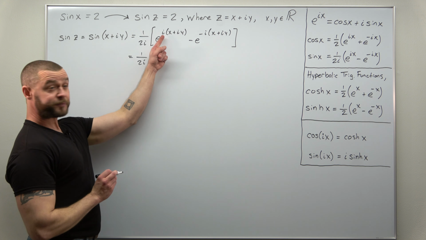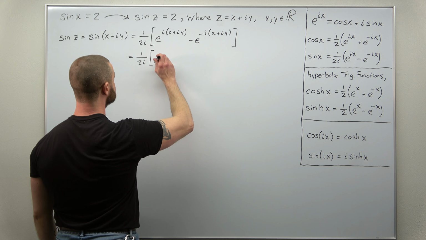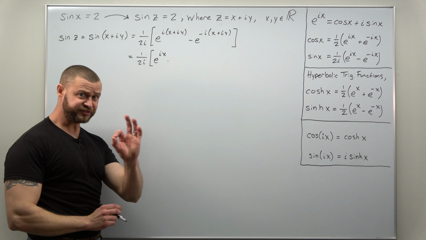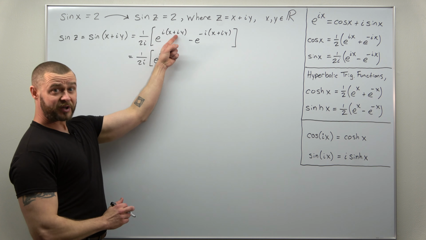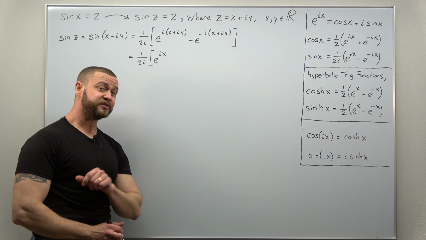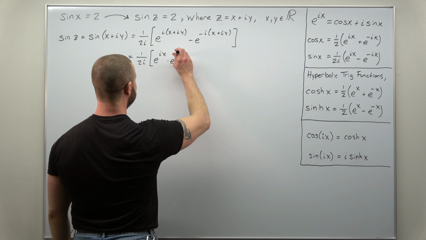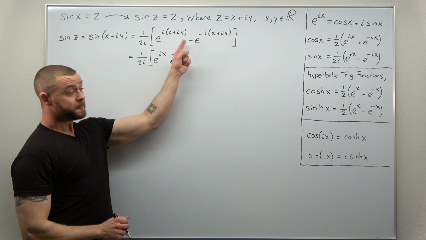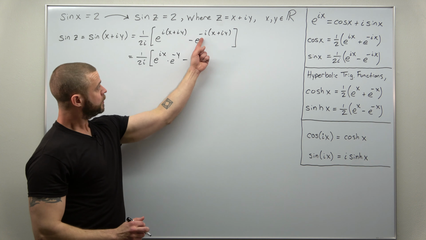All right, if I distribute in the first exponential, I'll get e to the ix. And just be careful with your signs when you distribute i. We're going to have i times iy, so i squared y. i squared is -1, so we'll be able to rewrite this as e to the negative y. We're going to do the same thing for the second complex exponential.